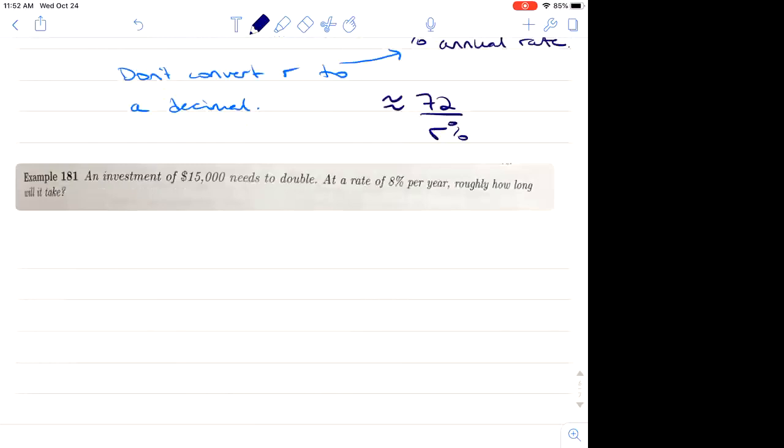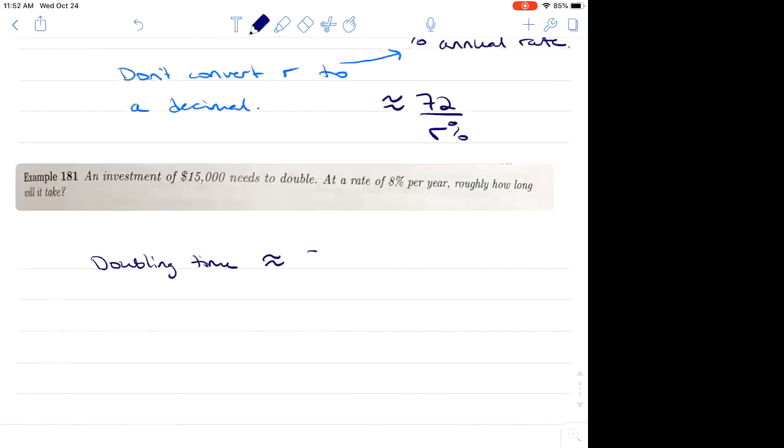Okay. So then we have our doubling time. At a rate of 8% per year, that's the only thing we need, really, to calculate an approximate doubling time. At a rate of 8% per year, roughly how long will it take?